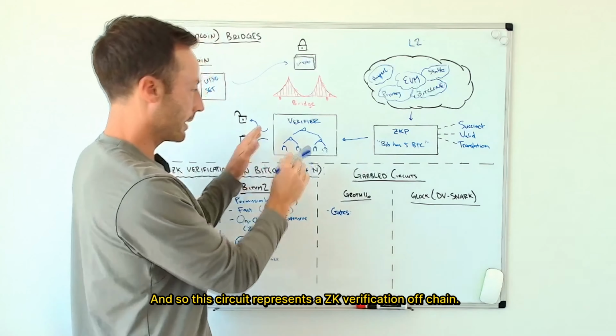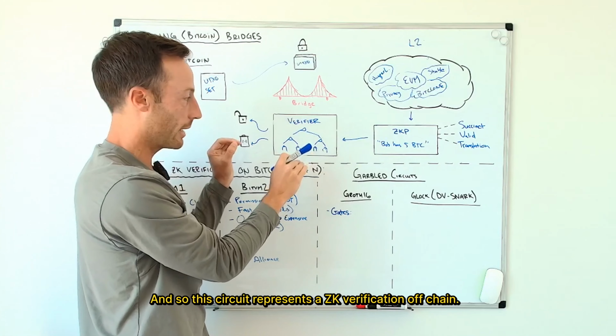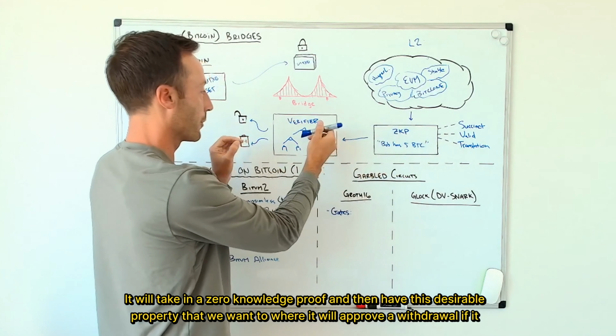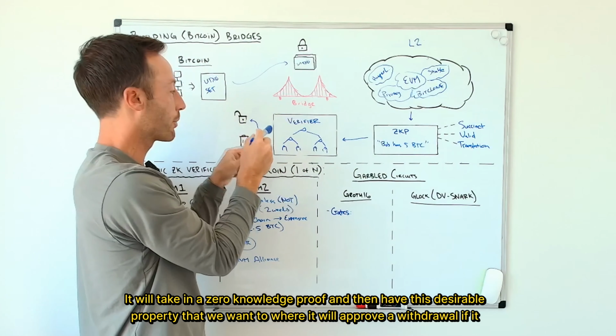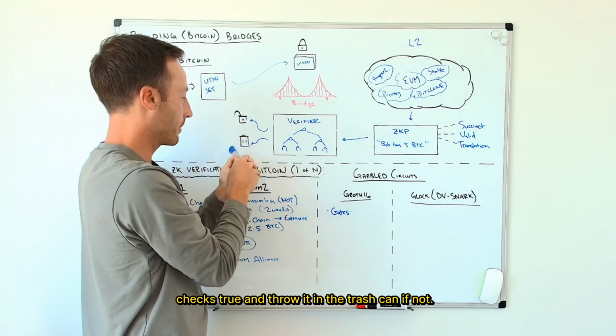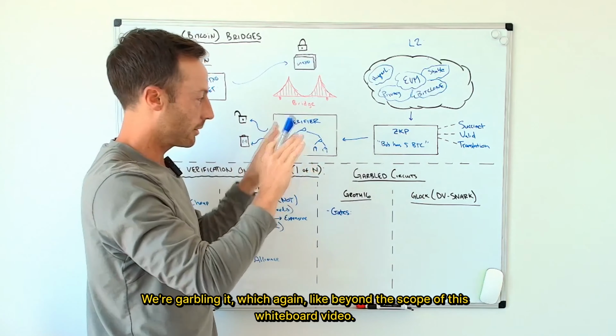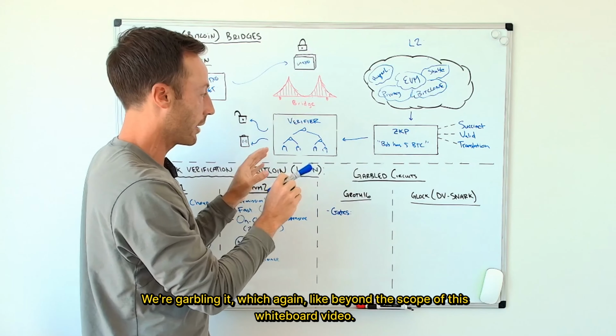And so this circuit represents a ZK verification off-chain. It will take in a zero knowledge proof and then have this desirable property that we wanted, where it will approve a withdrawal if it checks true and throw it in the trash can if not. We're garbling it, which is beyond the scope of this whiteboard video.